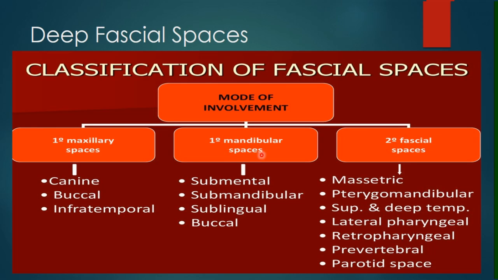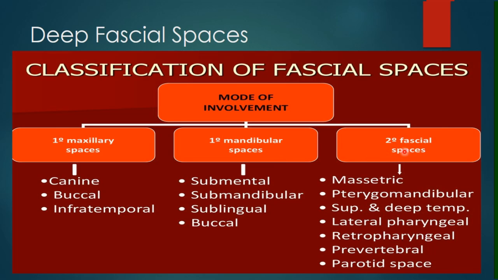First, primary mandibular spaces, we have a submental, and again it's from the anterior teeth, submandibular from the premolars and posterior teeth, sublingual, and again it's from the premolar and molar teeth, and the buccal from the posterior molar teeth.